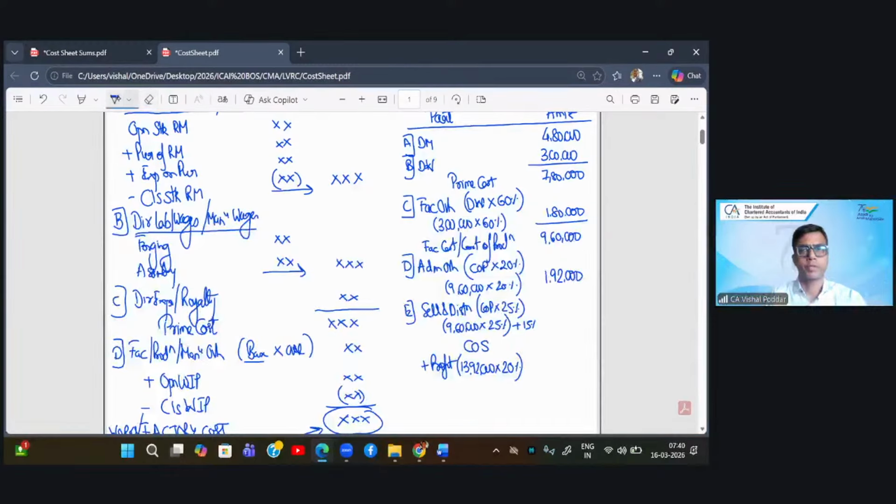Okay. So now this plus 15% inflation. Correct? So it will be 15% of 240, 15% is 36. So 240 plus 36 is 276. Correct?